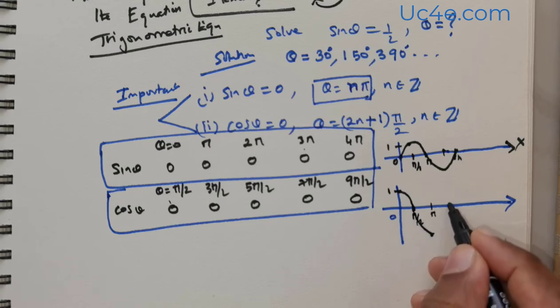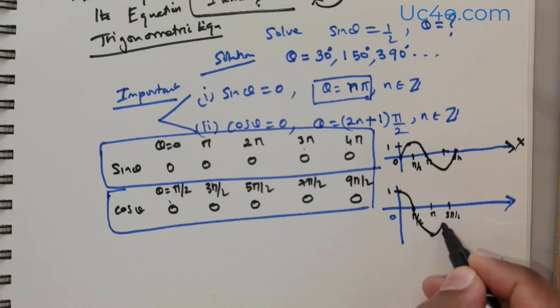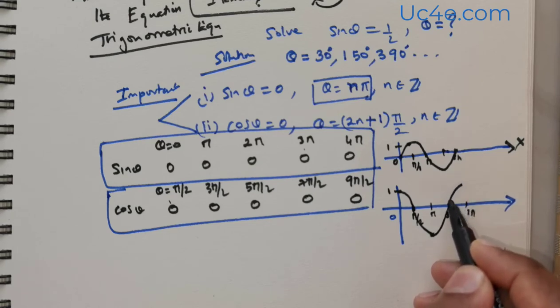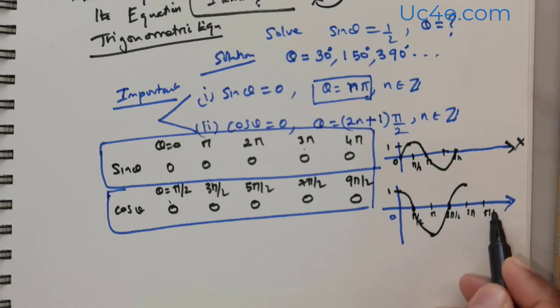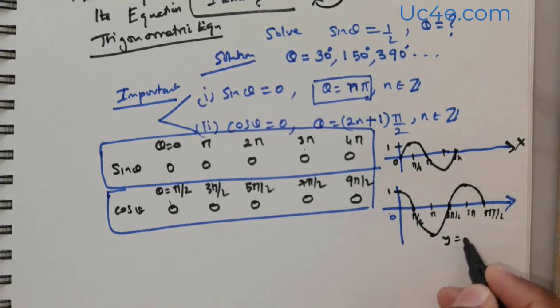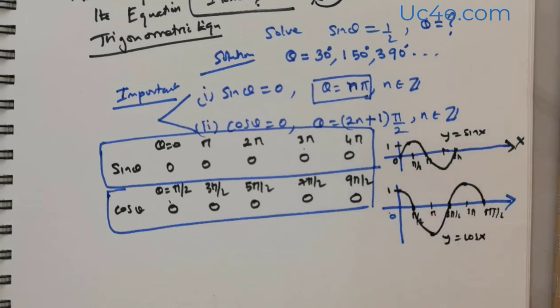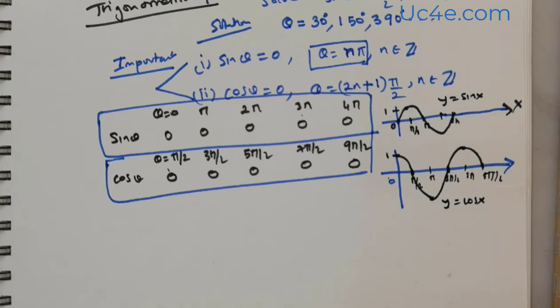And exactly at 3 pi over 2, it will rise up and hit this particular point at 0. And of course at 2 pi, cos 2 pi will hit positive 1 exactly over here, and then at 5 pi over 2 it will come down to hit the point 0. So this is the graph for y equals cos x, and this is the graph for y equals sin x. I've just shown you how the wave is occurring. So having got that, let's move on.